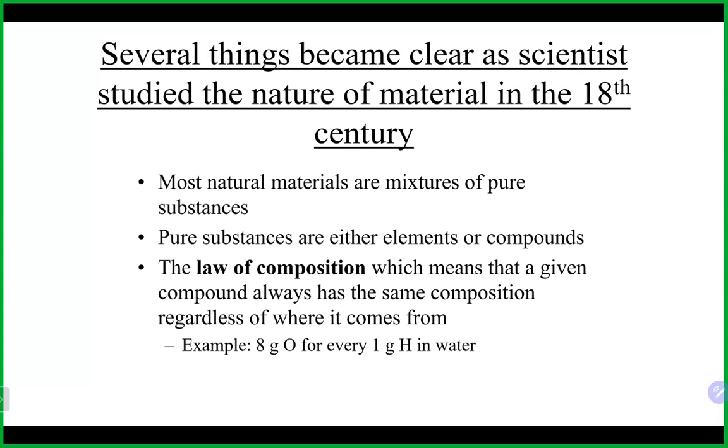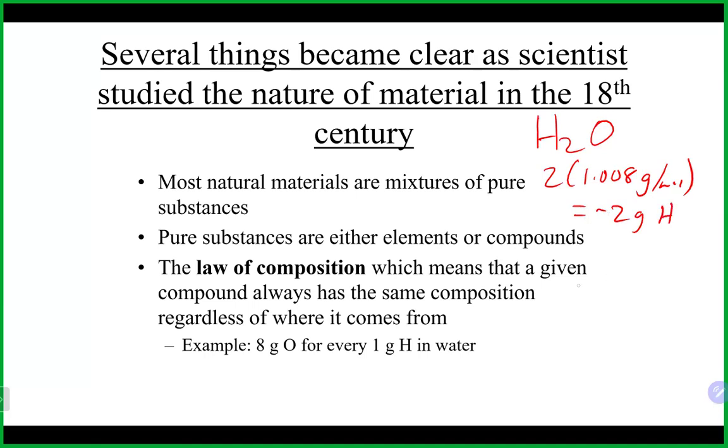One of the important laws is the law of composition, and that means that a given compound will always contain the same composition regardless of where it comes from. So for example, there's 8 grams of oxygen for every 1 gram of hydrogen in water, and that is, as we saw, H2O. Each hydrogen is about 1 gram, as we calculated a second ago, so that's about 2 grams, give or take, of hydrogen.